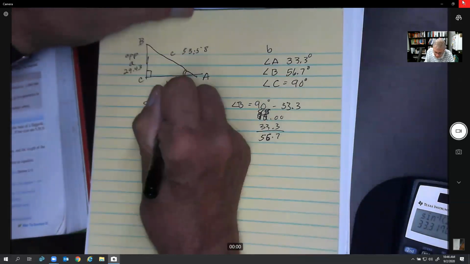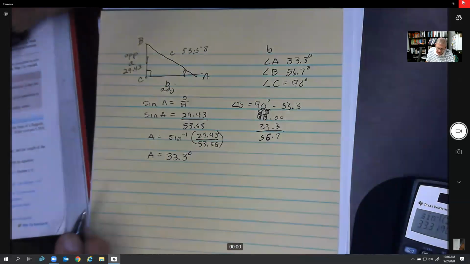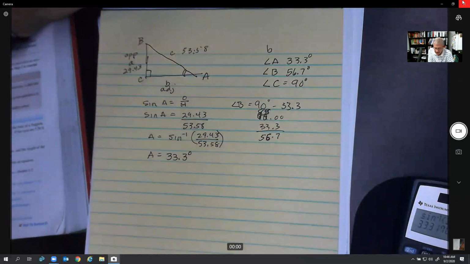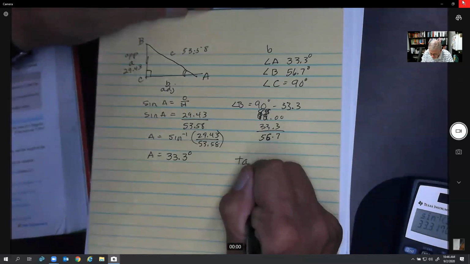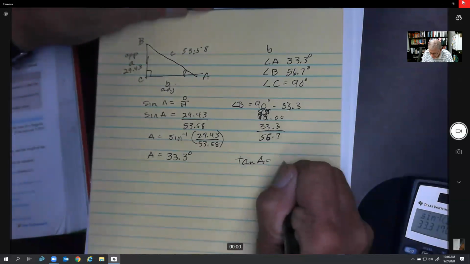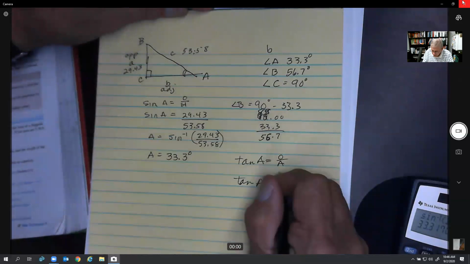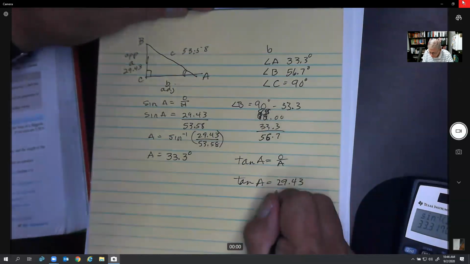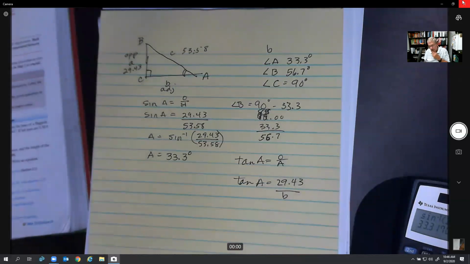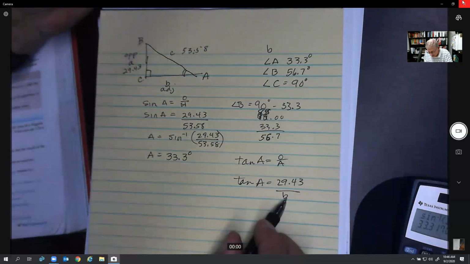We're trying to find B. Let's use angle A and a relationship that uses the opposite and the adjacent, which is what? Tangent. The tangent of angle A is the opposite over the adjacent. Tan A equals opposite over B. Now, this won't be quite as accurate as using the Pythagorean theorem, but it'll be accurate enough. I wanted to show you how this works, because sometimes you're solving for a variable in the denominator.